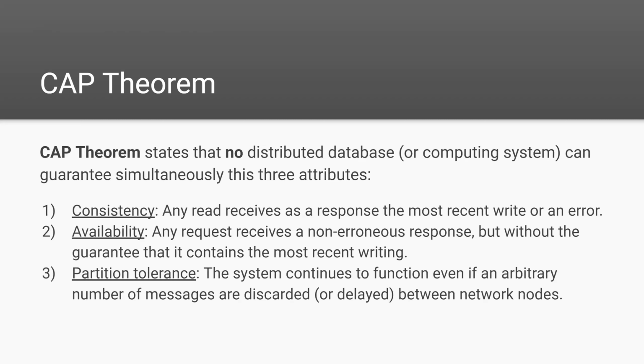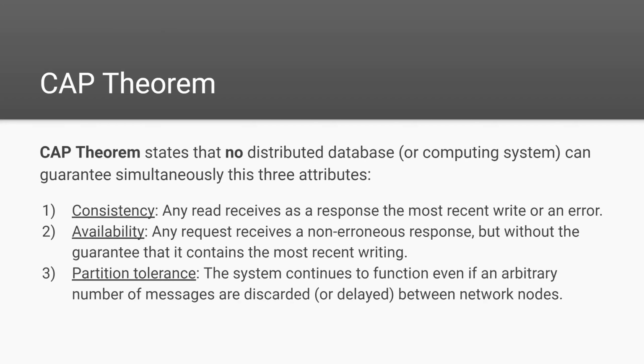Consistency is that you will always have the latest write on the database. And consistency sometimes is not compatible with availability, because in availability, you will always have to make a response when a user wants to read the database.